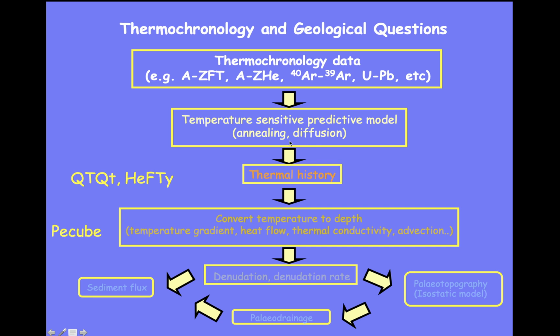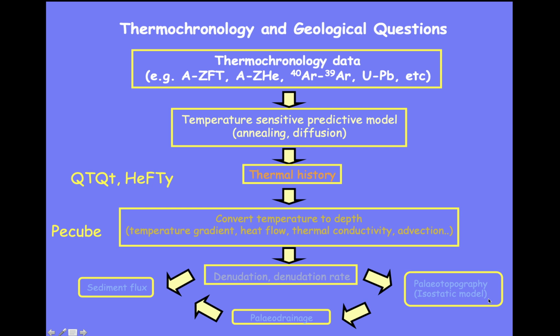So the data production and modeling approach sort of goes in this sense from top to the bottom. In a way, the modeling approach using inverse modeling does the same. We start with the data and we try and extract the thermal history from the data. And the two common software modeling packages used in thermochronology, QTQt and HeFTy, basically stop there.